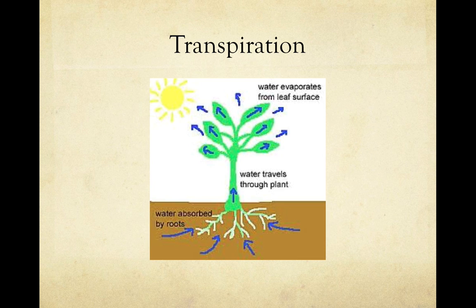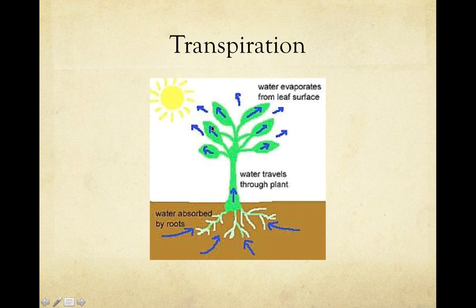So here's a little diagram. It's showing down here water is absorbed through the roots and the root hairs, and it keeps going through cells, and it gets to the xylem tissues, and it flows in a one-way direction all the way up and is distributed throughout the whole plant where these blue arrows are.